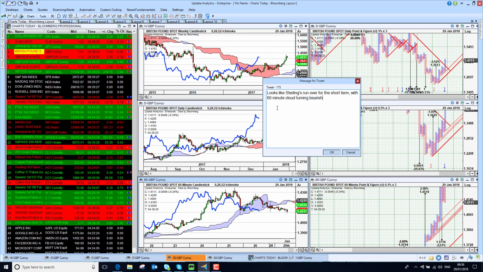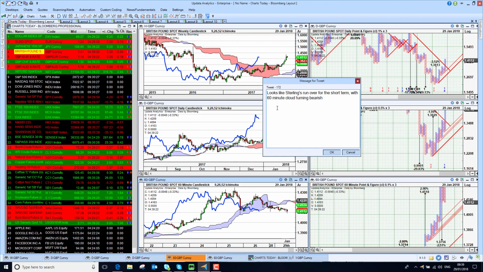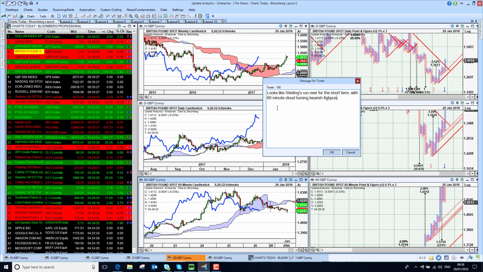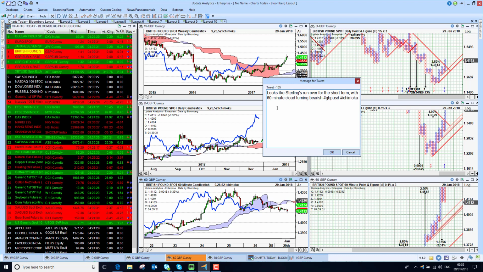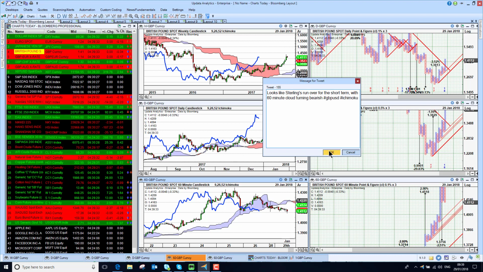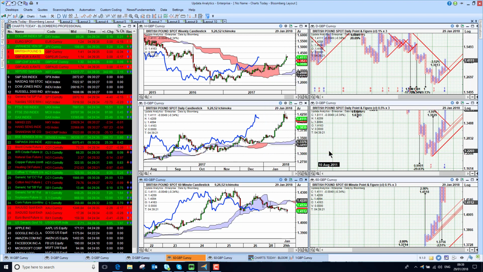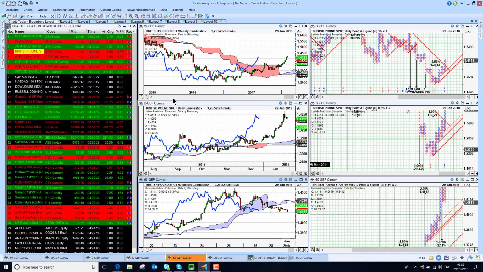And this is something that all Updata users will be able to do. So I'm just putting a hashtag in there. And it just means that if you are posting on Twitter, you can do it now straight from your Updata chart. And that's now gone off to Twitter, and we'll have a look at that in a second.